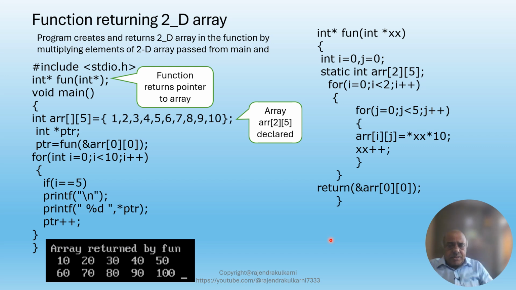So the array returned by the function, this is the screenshot. It will be 10, 20, 30, 40, 50 and so on. The 10 values 1, 2, 3, 4, 5, 6, 7, 8, 9, 10 of the ARR of the main will be multiplied by 10 and assigned to another array declared in the function as static int ARR, and that array's address is returned to the calling function, collected by the pointer PTR and displayed by this for loop.